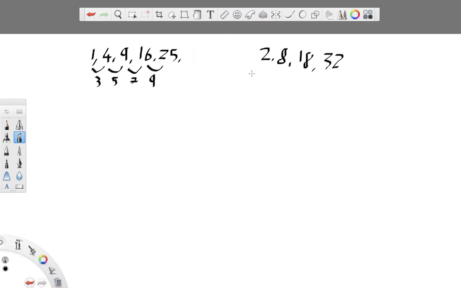Again, we look at the differences between successive terms, successive being the next term. The difference between 8 and 2 is 6, then it's 10, and then it's 14. So again, there isn't a constant amount, so it can't be a linear sequence, it must be a quadratic sequence.